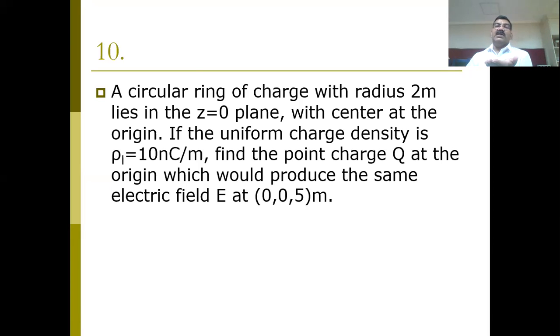If the uniform charge density is rho L equals to 10 nanocoulomb per meter, the uniform charge density on this ring is 10 nanocoulomb per meter. Find the point charge Q at the origin that would produce the same electric field intensity E at (0, 0, 5) meter. So along the z-axis, the point is on the z-axis, and you have to find E at the z-axis.